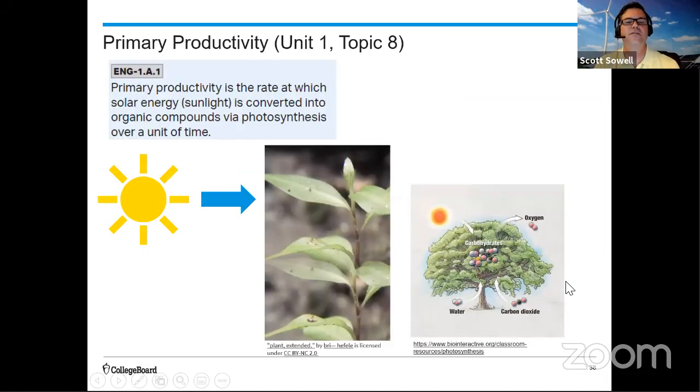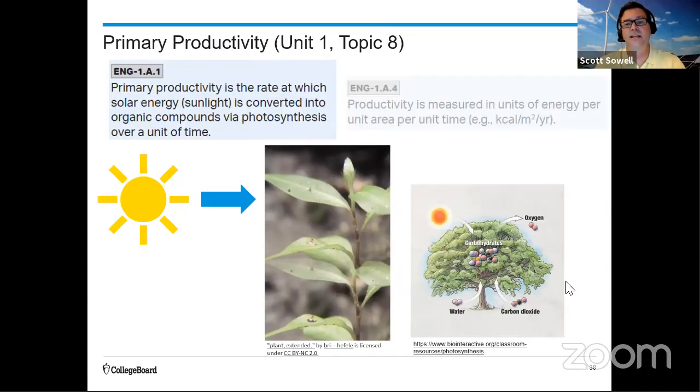All right, so let's define productivity, or primary productivity, to begin with. This is just how much photosynthesis is going on in an area. It is a rate at which solar energy is converted into organic compounds via photosynthesis over a unit of time. And it has a specific type of unit of measurement: energy per area over time.